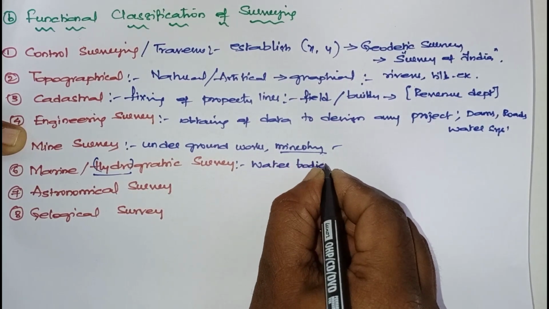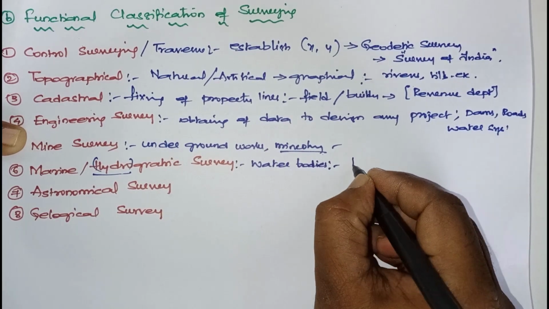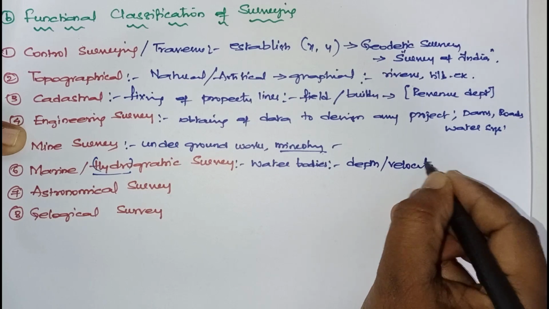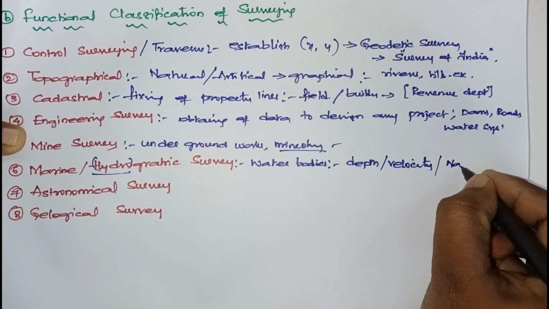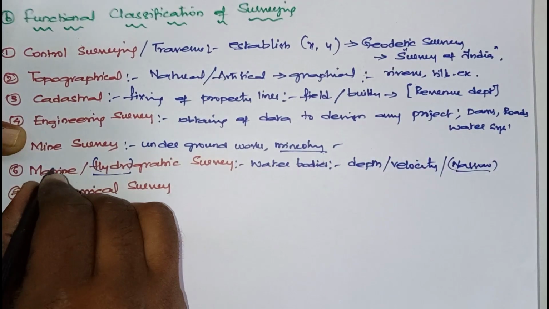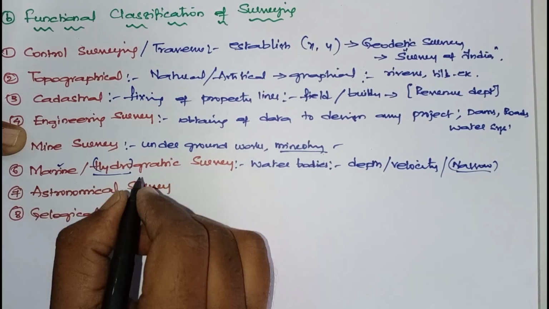What is the main aim? To know the depth, the velocity of water flowing, how narrow the extent is, and how deep it is. Surveying in water is called marine or hydrographic surveying.